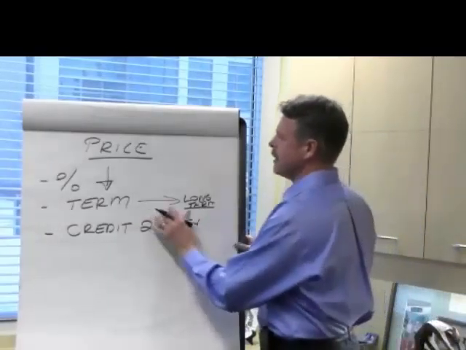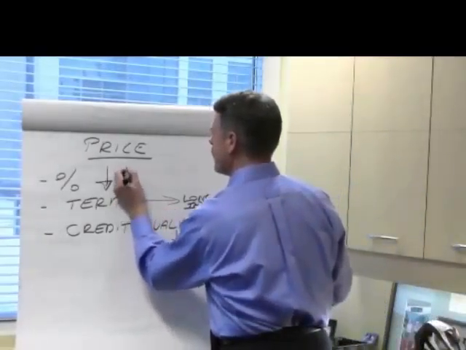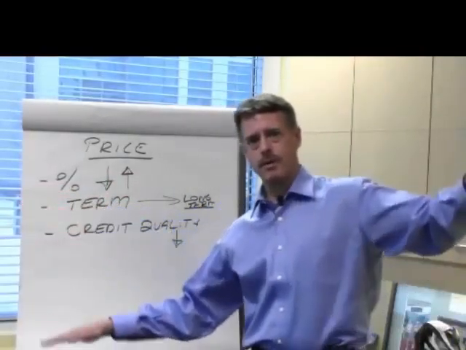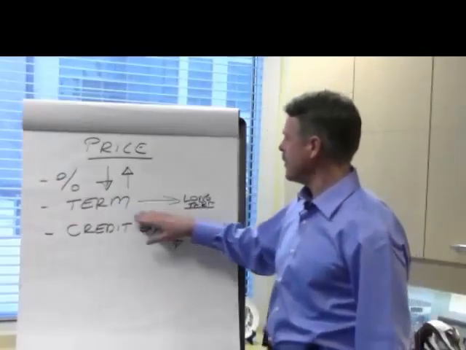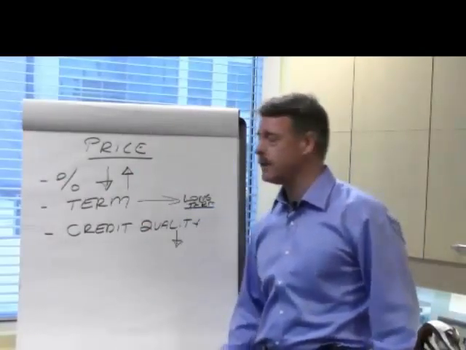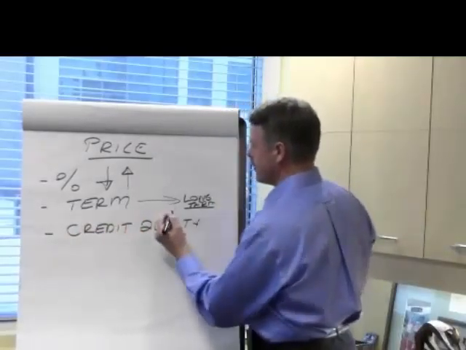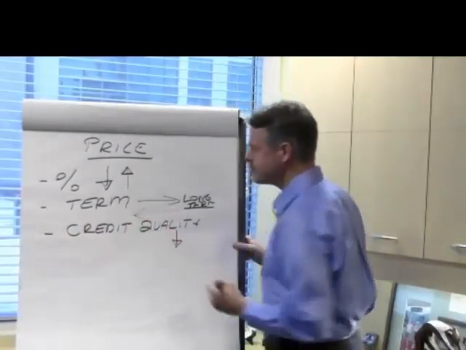If I thought that interest rates were going to start going up, and we know that there's an inverse relationship, a teeter-totter between interest rates and bond prices, now I might be concerned about that bond trading at a discount. And so what I'll do is I will shorten up the term. So I won't lengthen the term, I'll shorten the term.